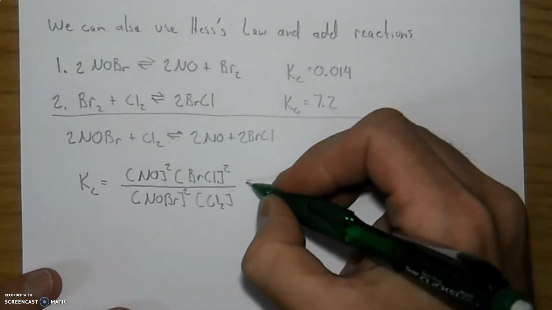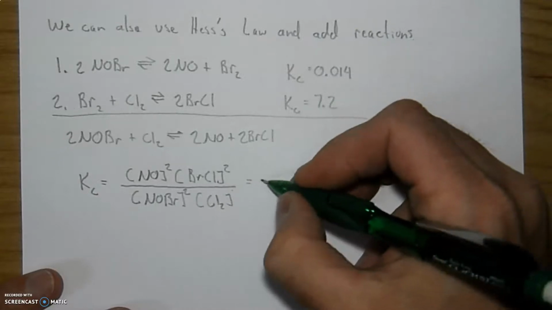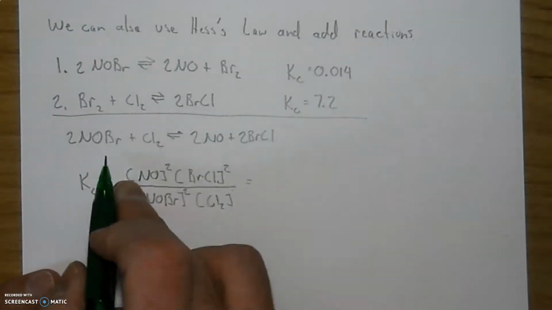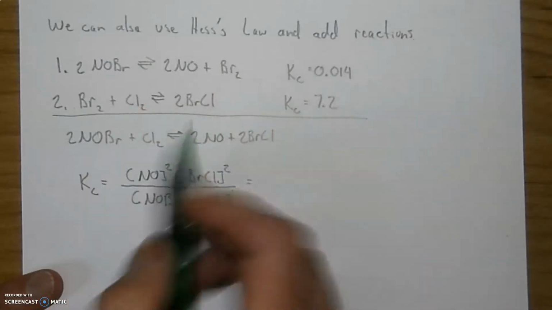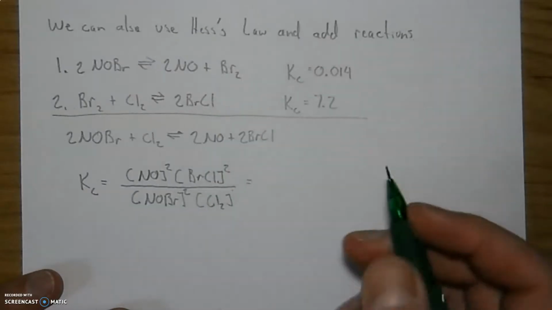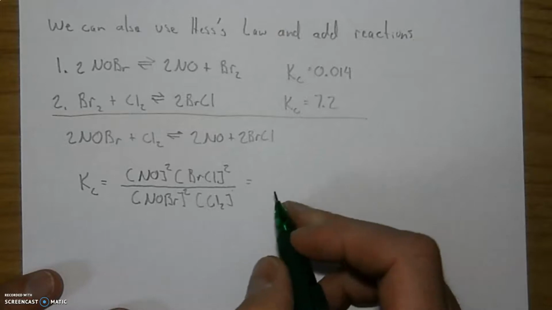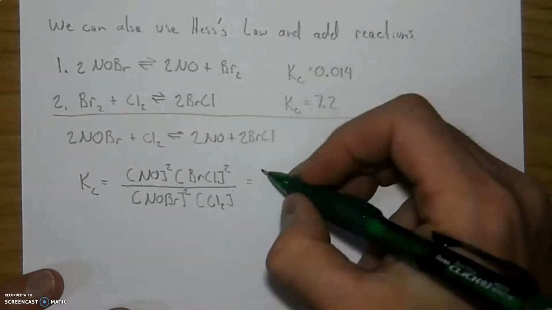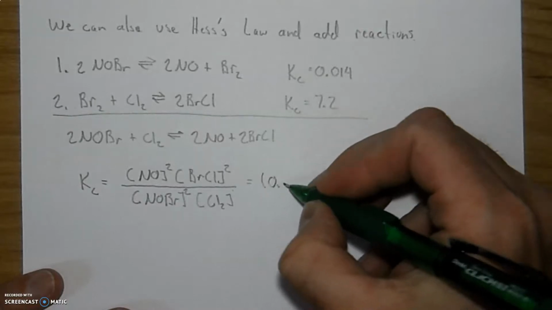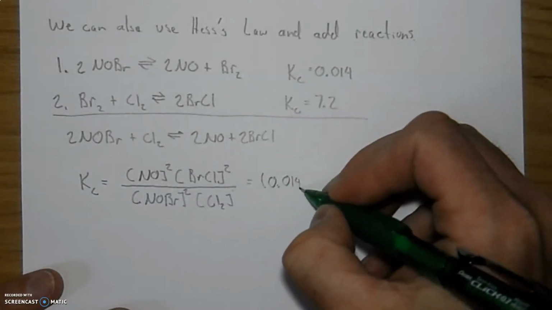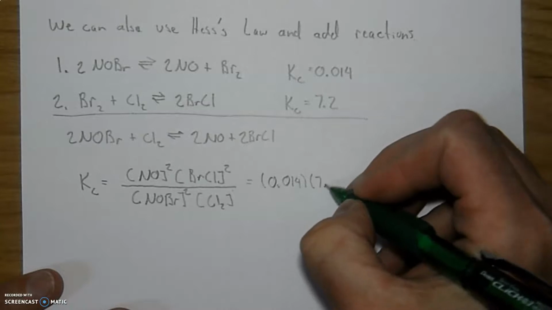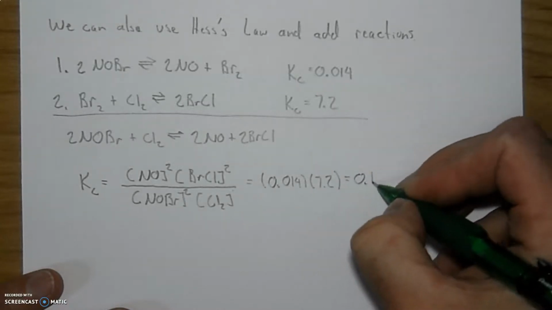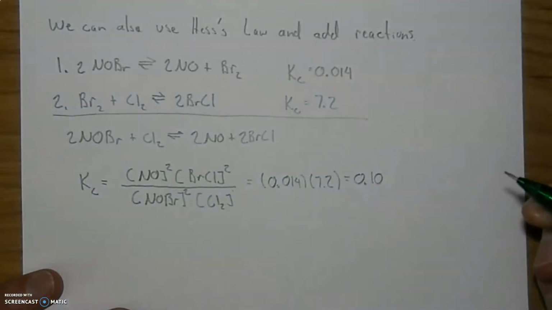And as far as the values over here goes, because we've multiplied the stuff together here, we could actually have kept these separate and then put them together and canceled things out that were the same on top and bottom. But just to kind of shortcut this out, what we actually end up doing is multiplying these two values together. 0.014 times 7.2. And that'll give us a value of 0.10.